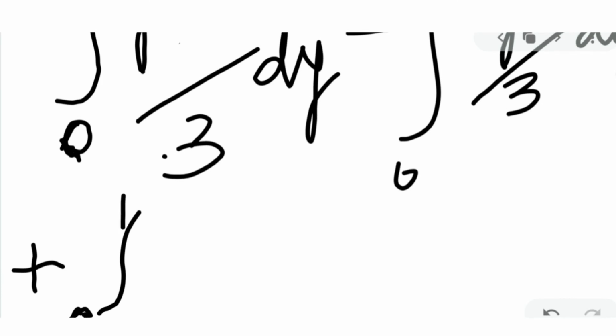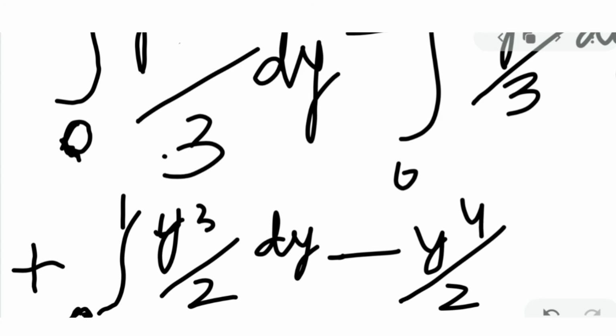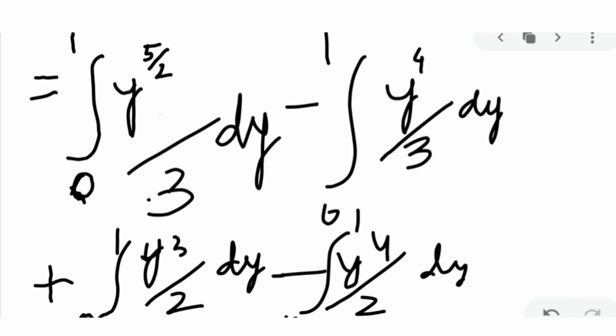Zero to 1, y cube by 2 dy, minus y to the power 4 by 2 dy, 0 to 1. So in this step we have put the limits. We have put the limits from y to root y, and this is what we get.